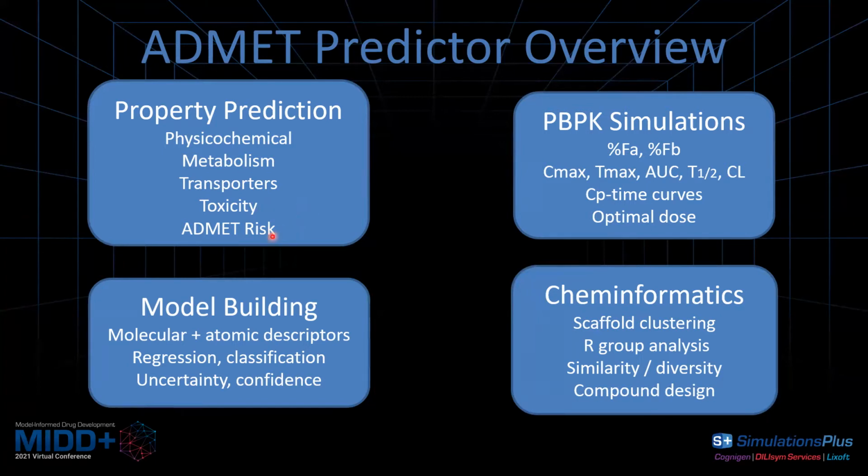And finally, we provide a number of customizable risk scores that predict overall ADMET liability in the form of a single number. The predicted properties here are based on machine learning models built on training data acquired from collaborations, commercial databases, or literature. Our user manual provides details on the data sources, curation protocols, and model performance.